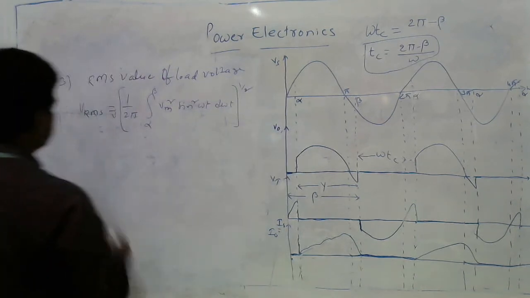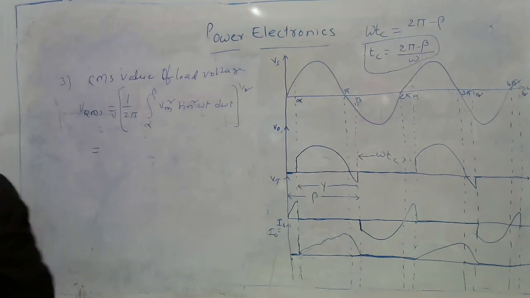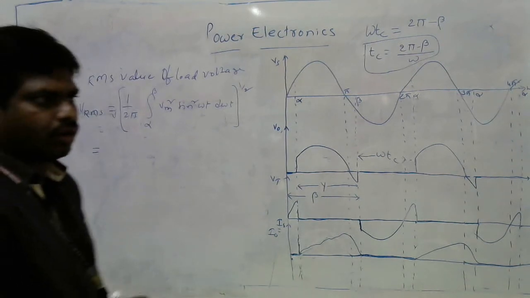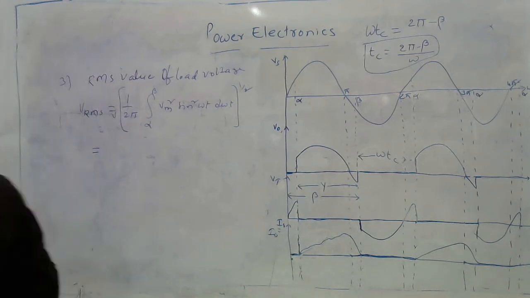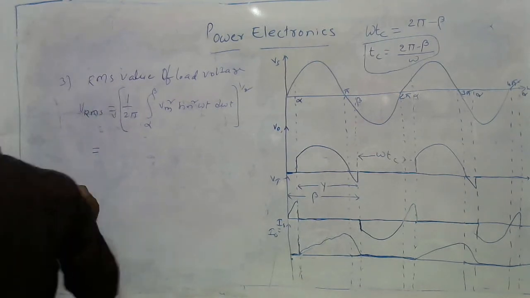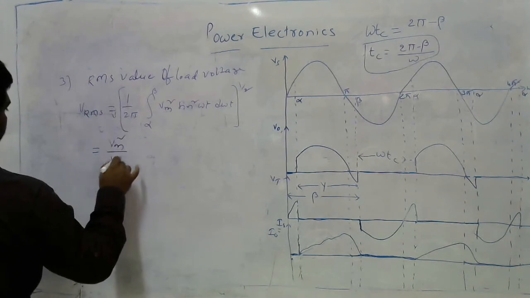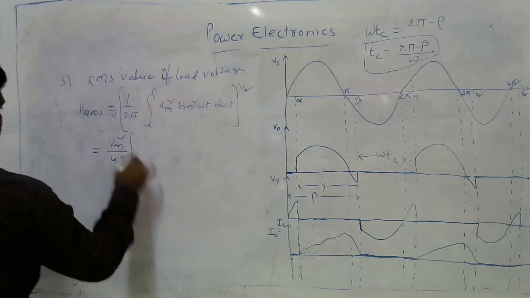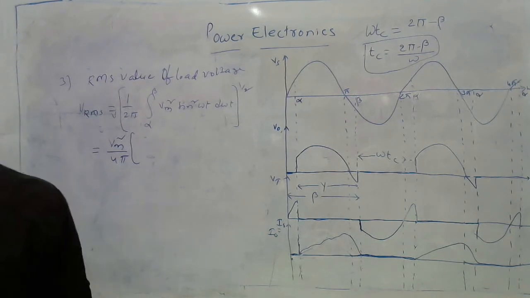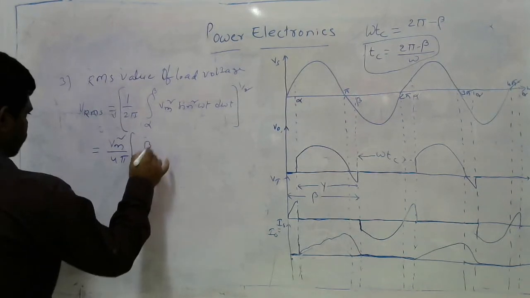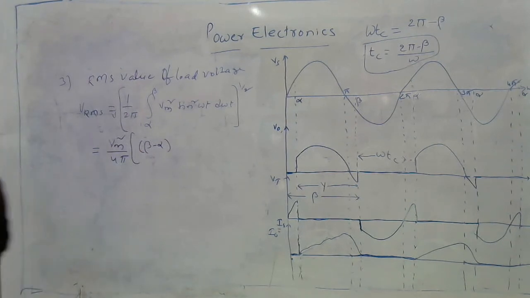After simplifying using different trigonometric methods, the final equation is Vm square upon 4 pi.